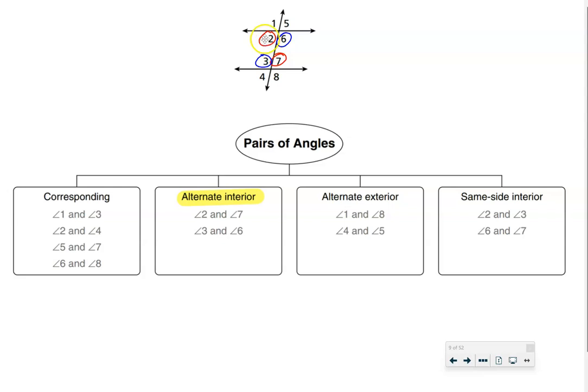So there's more than one pair, 2 and 7, 6 and 3. Alternate exterior, 1 and 8, 4 and 5. Or same side interiors, 2 and 3, 6 and 7.